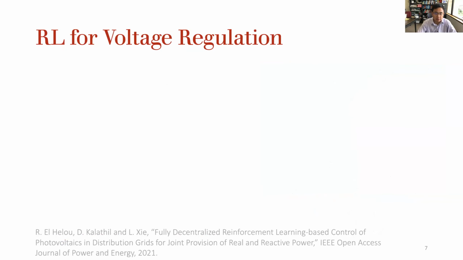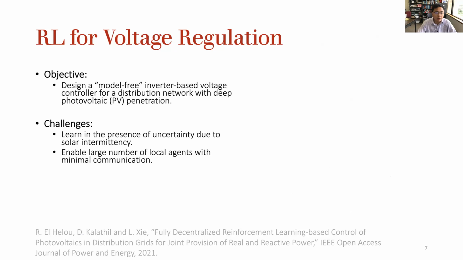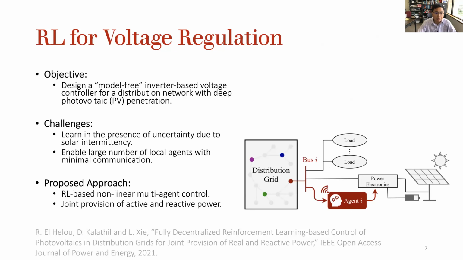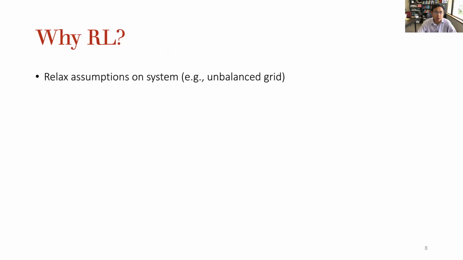One of the unique aspects that we are doing here is to utilize the photovoltaic generation to provide both real power and reactive power in view of minimizing the voltage violation and within the resource constraints. And it is totally a model-free approach. We study this problem because most of the distribution systems are rather unbalanced across the three phases.